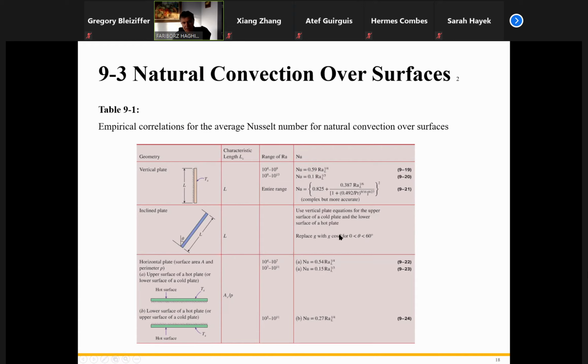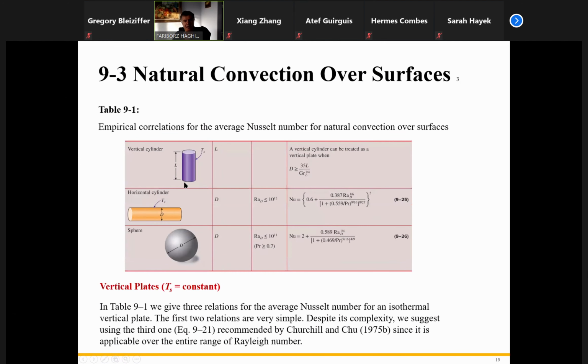Okay. Again, we have Table 9.1, it has a continuation, and the continuation is for cylindrical geometry. For example, in most cases in our studies and research, we assume a human being is a cylinder, okay? Therefore, we can use this geometry to calculate the value. If it's horizontal, like this.